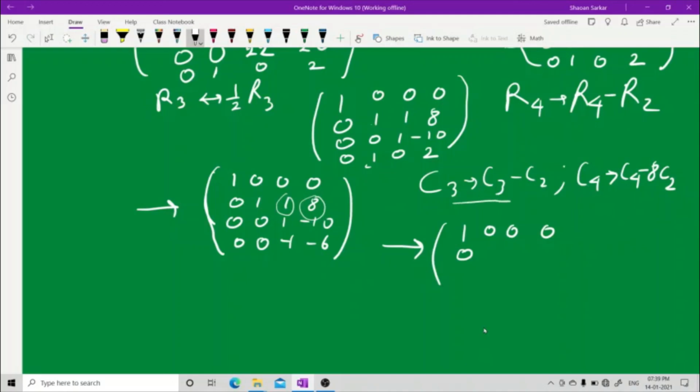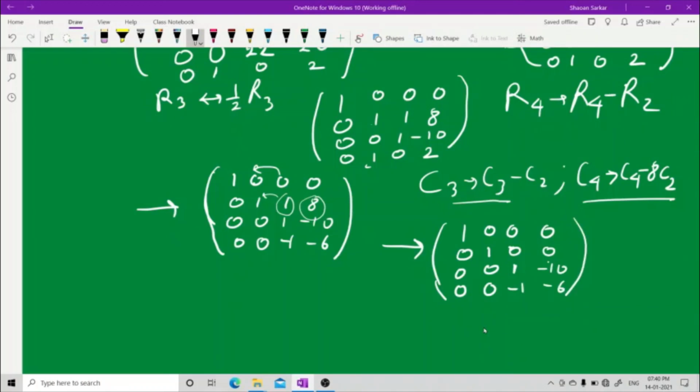I'm using C3 first, so 0 minus 0, 1 minus 1. You write this one as it is, this is now 0, and this is also 0, and because of this you have 0, this is 1, this is minus 10, this is minus 1 and minus 6.